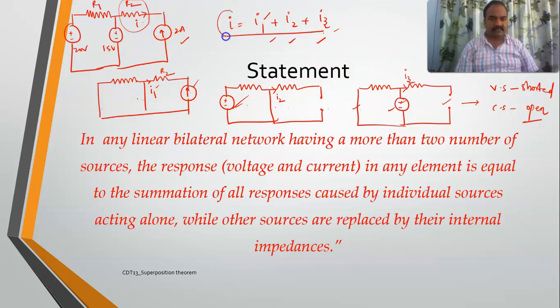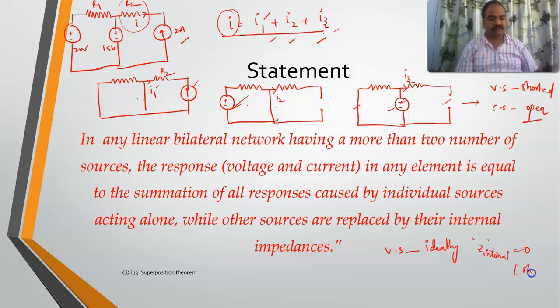So the response in any element is equal to the algebraic sum of the responses when the sources are acting individually, while the other sources are replaced by their internal impedances. Now the question arises, what do you mean by internal impedances? For a voltage source, in the ideal case, the internal impedance is 0.